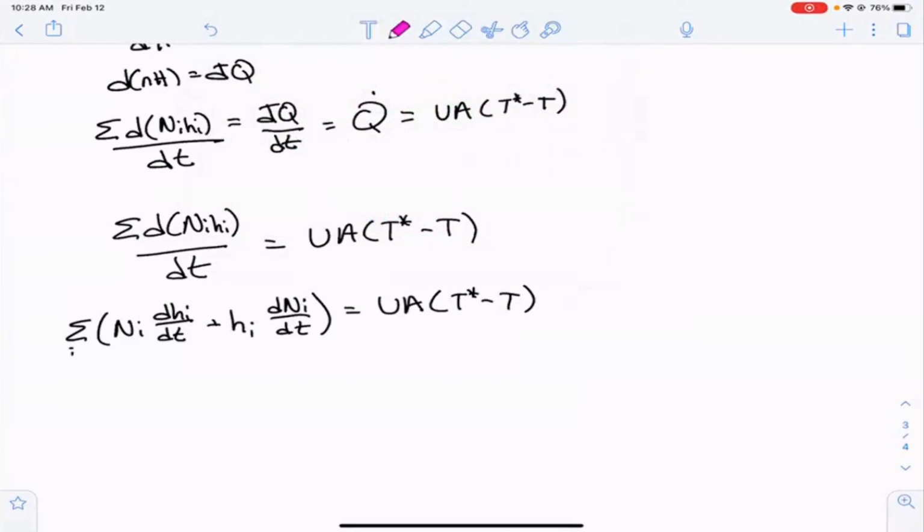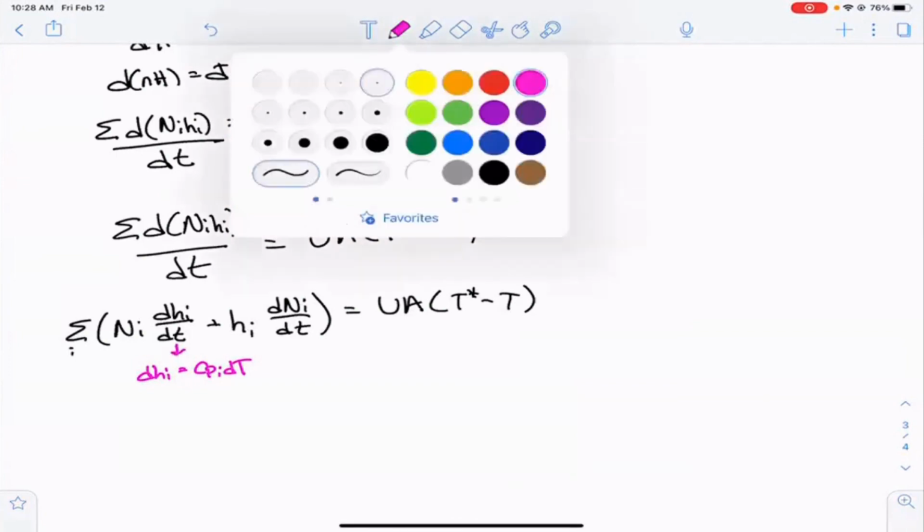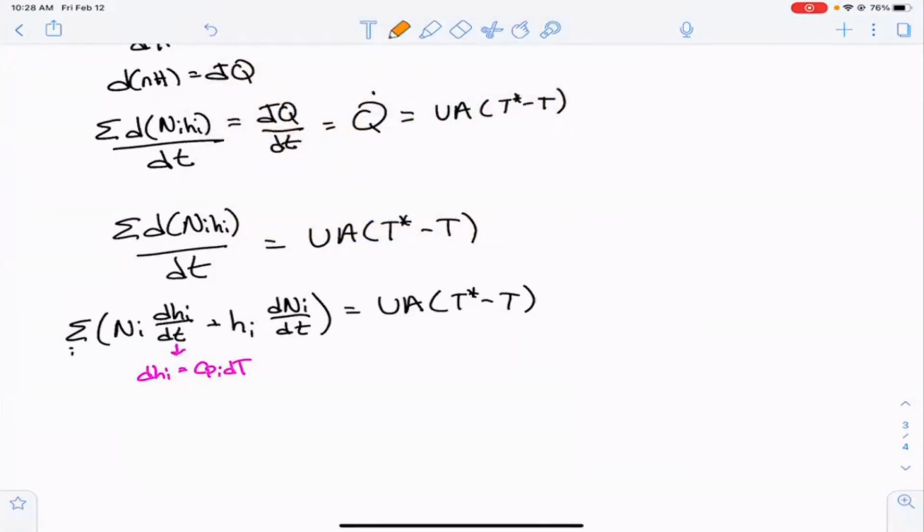So, of course, dHi just equals Cpi dT. So dHi/dt, we're going to get a time derivative with respect to the temperature. So that's good, and it's something that we were hoping for. Now, dNi/dt, we also know this. That is just Ri.